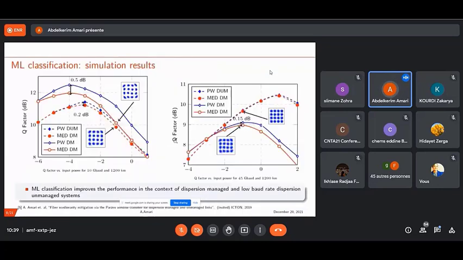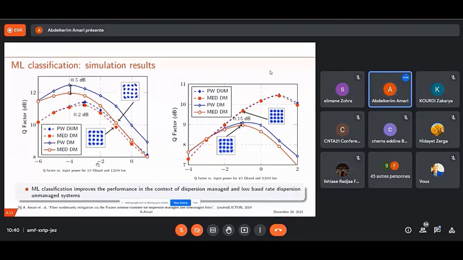I have some results for Parzen window machine learning techniques versus the minimum Euclidean distance for two types of system: dispersion managed, where the dispersion is compensated in line using dispersion compensating fiber (DCF), and dispersion unmanaged, where the CD, or chromatic dispersion, is compensated using DSP at the receiver side.